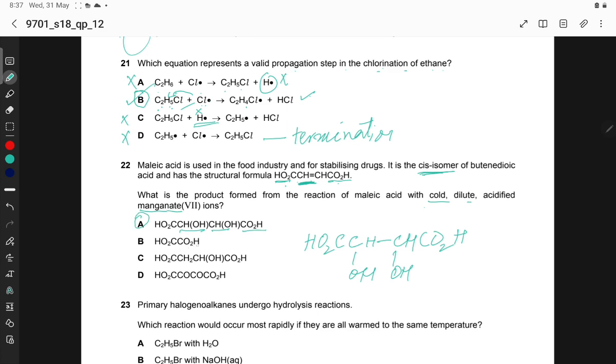HO2CCO2H is incorrect because this is ethanedioic acid, and in this compound only 2 carbon atoms are there, so this is not correct. C option is incorrect because HO2C carboxylic acid is over here, and one alcohol is attached, so this is written as CH2, that's why it is not correct.